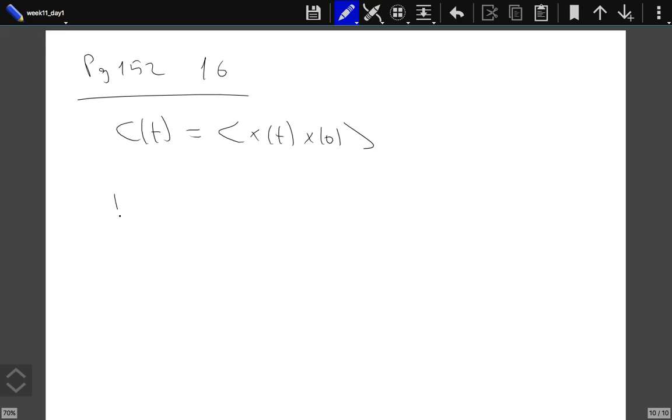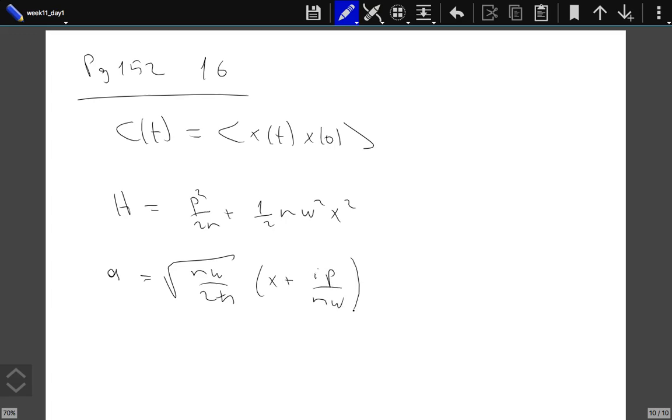And the Hamiltonian, we had defined it as p squared over 2m plus 1 over 2 m omega squared x squared. The annihilation operator is a equals square root of m omega over 2 h bar times x plus i p over m omega, and a dagger was square root of m omega over 2 h bar times x minus i p over m omega.